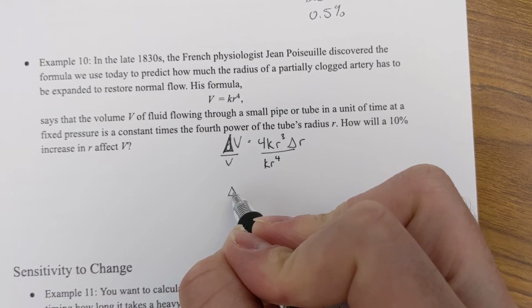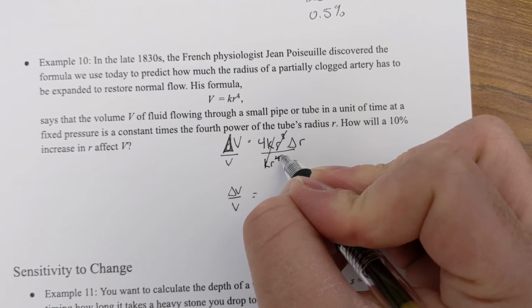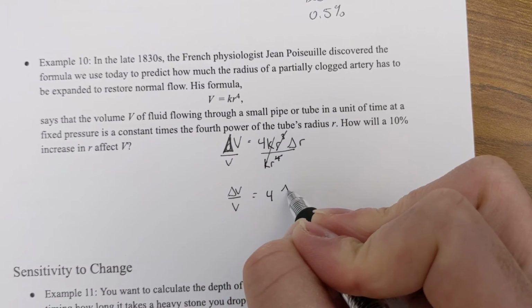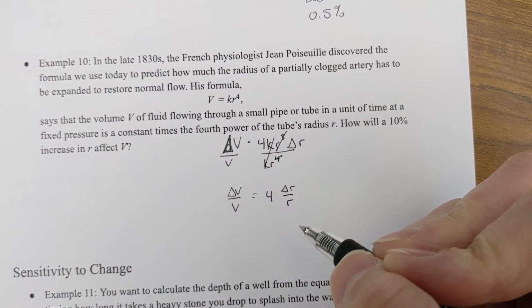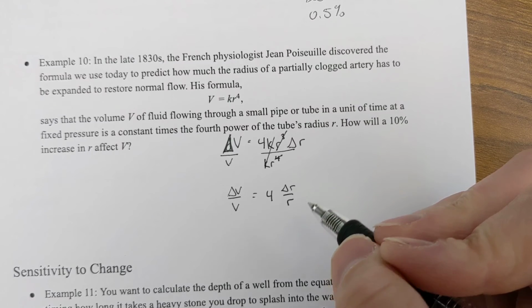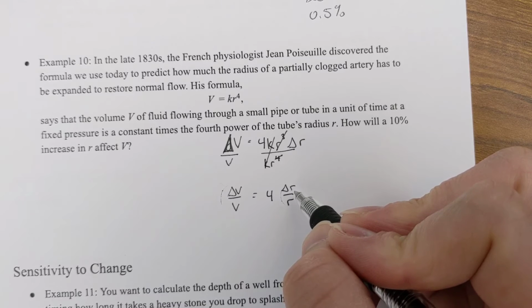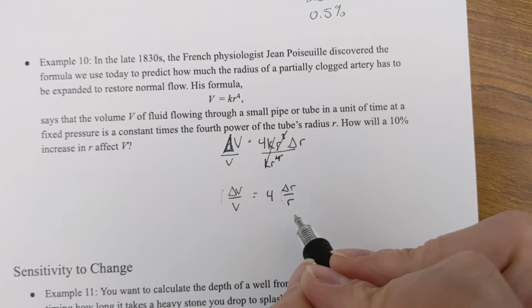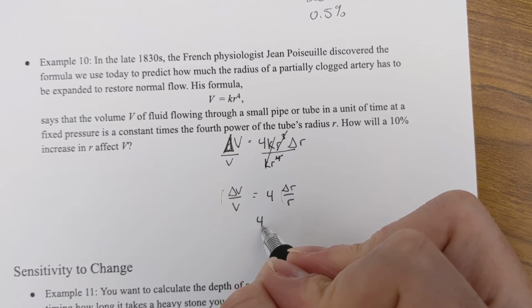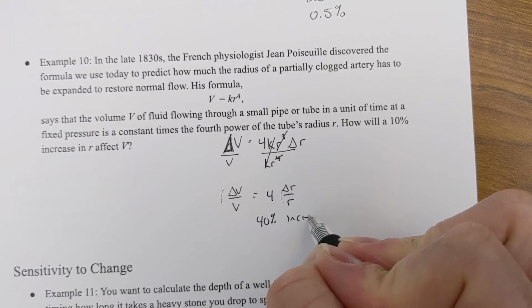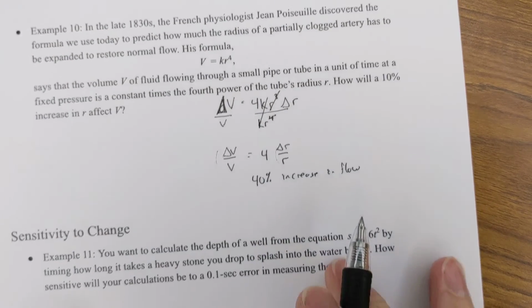So the K's cancel, those go away. So we get 4 delta r over r. So the change in the volume is 4 times the change in the radius, is essentially what it is. So a 10% increase in the radius will produce a 40% increase in flow. It uses 4 times as much.